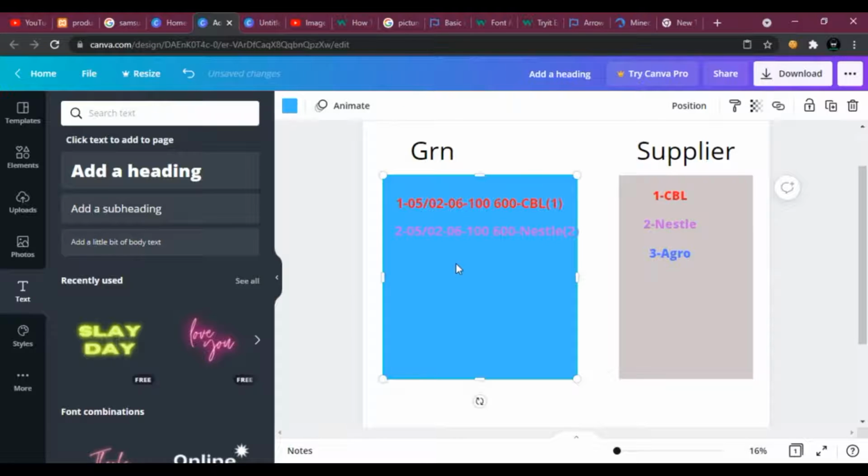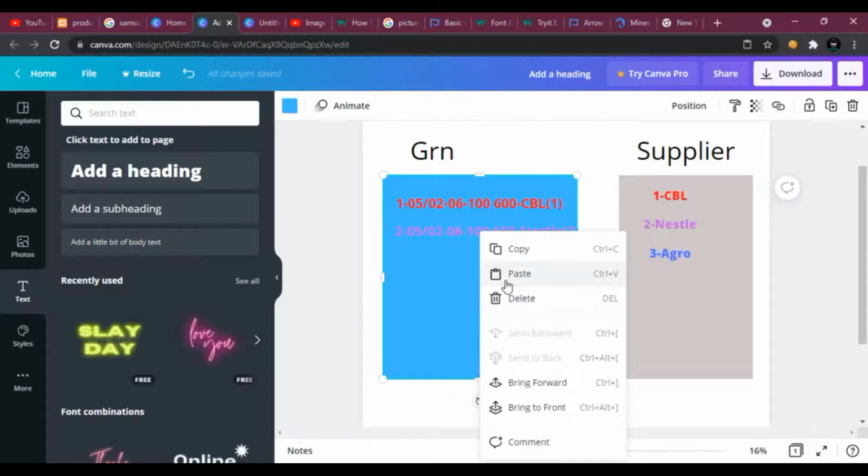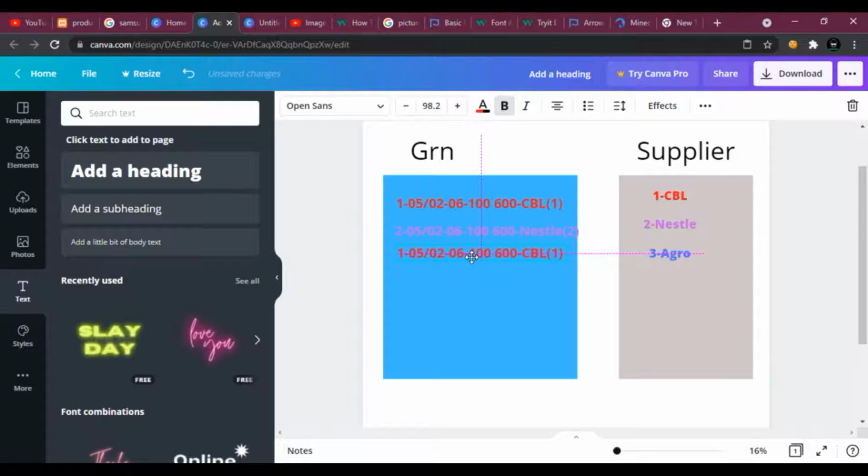On the next day, on the next week, he bought 8 biscuits from CBL. Let's say 8 biscuits, the unit price is 200. So 8 times 200 is 1,600, I guess.